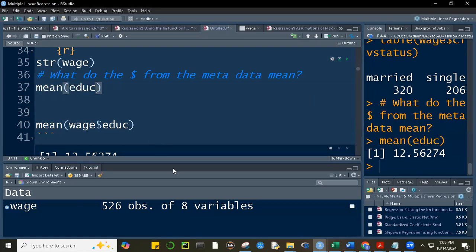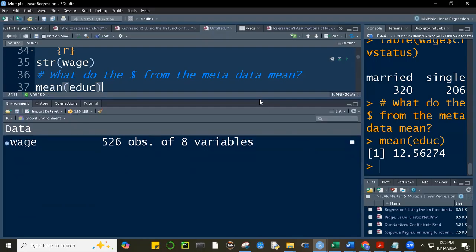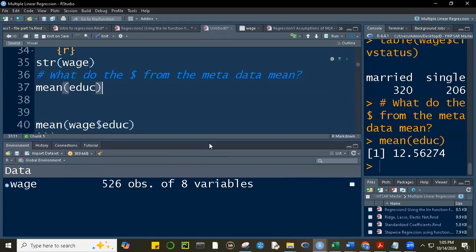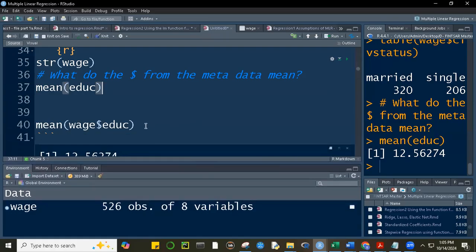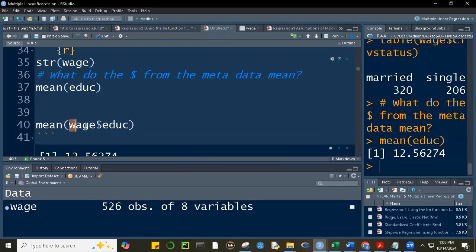Why? As we said before, R does not recognize education. It's not in our data. It's not listed as an object here. So in order for you to access this, you should do this class, mean of wage education. If you now try to get the average of education, but you identify that this education variable is coming from the wage data set, then you should be able to get this.